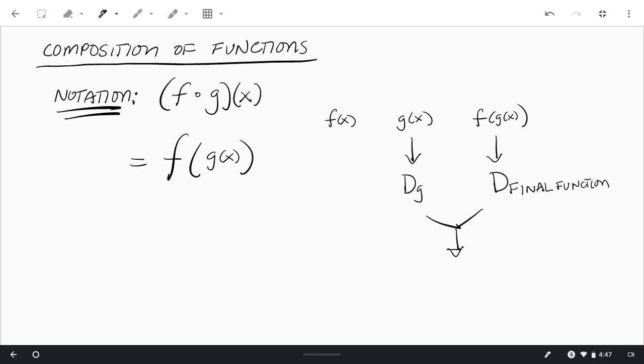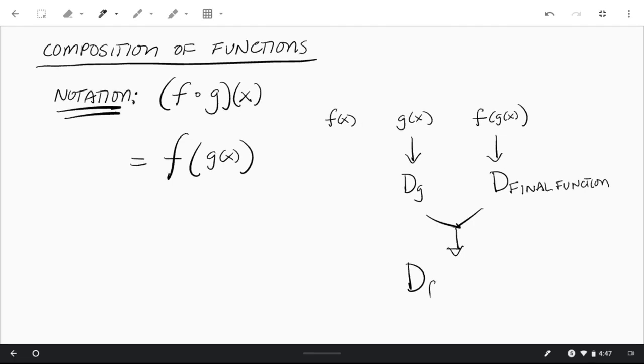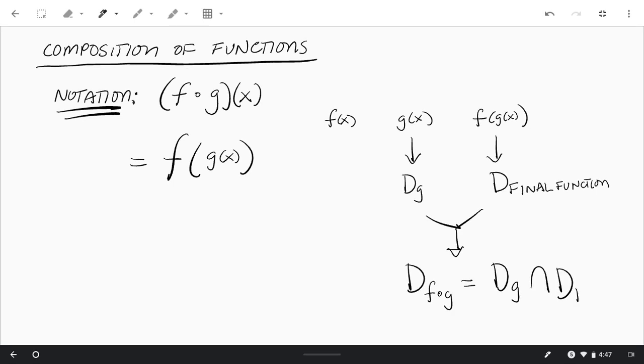So you look at whatever expression you have at the end there, and you determine its domain. Then you look at the domain of G, the one that you're plugging in. Then the domain of the composite is going to be the intersection of the domain of G and the domain of the final.